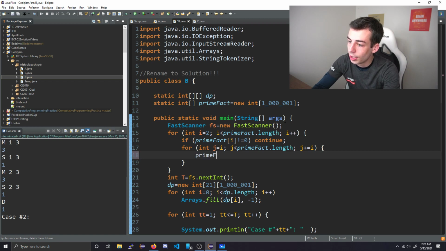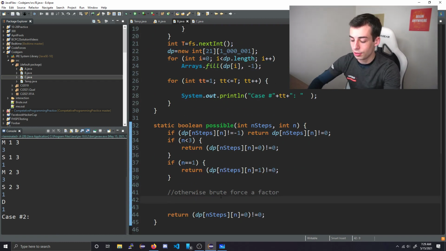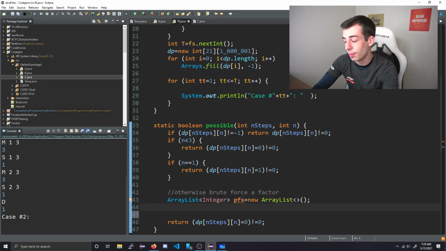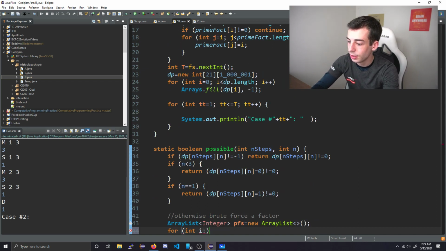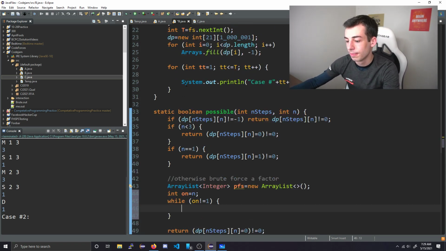Okay, so prime fact j equals i. All right, so array list integer pfs is a new array list. And for int i in, okay, well, let's just say while on equals n, while on is not equal to 1, and pf equals prime factor of on.